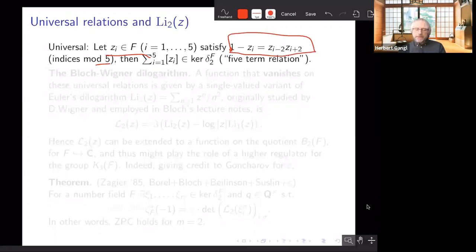Then the claim is that the sum of these, which will be 5-periodic, is not quite a trivial claim, but you can do it. And then the sum of those also lies in the kernel of the corresponding map. And this is an avatar of the famous 5-term relation.